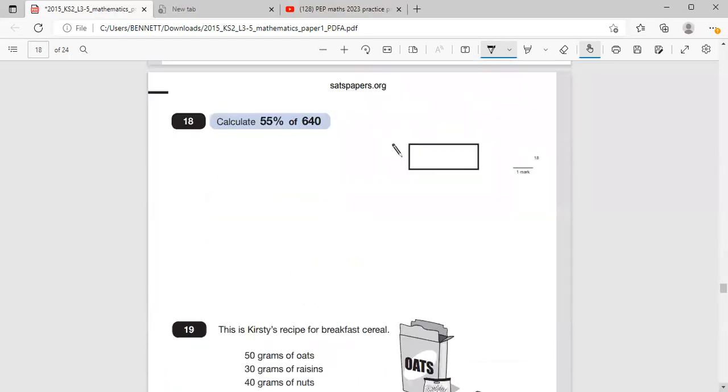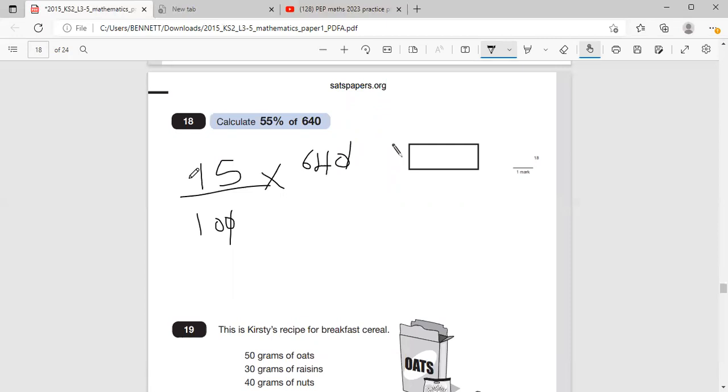Alright, so we are at number 18, and it says calculate 55% of 96 parts. Percent means out of 100, so it will be 15 over 100 times 6 parts. Cancel by 10.